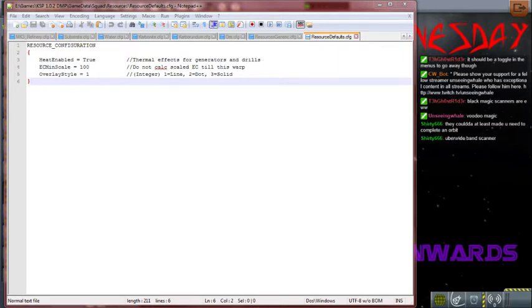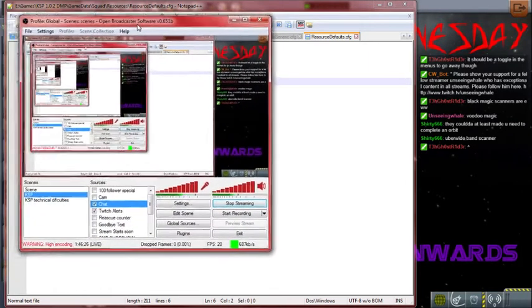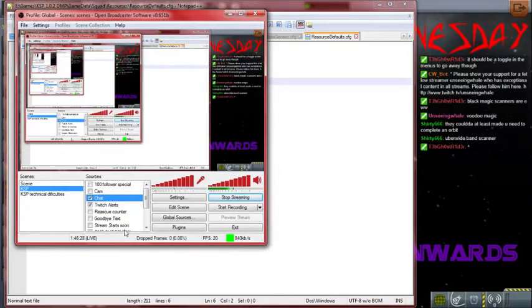So this may take some time, especially with running OBS as well. Oops. And I need to reorganize my screen so I can now see you. Super wideband scanner.